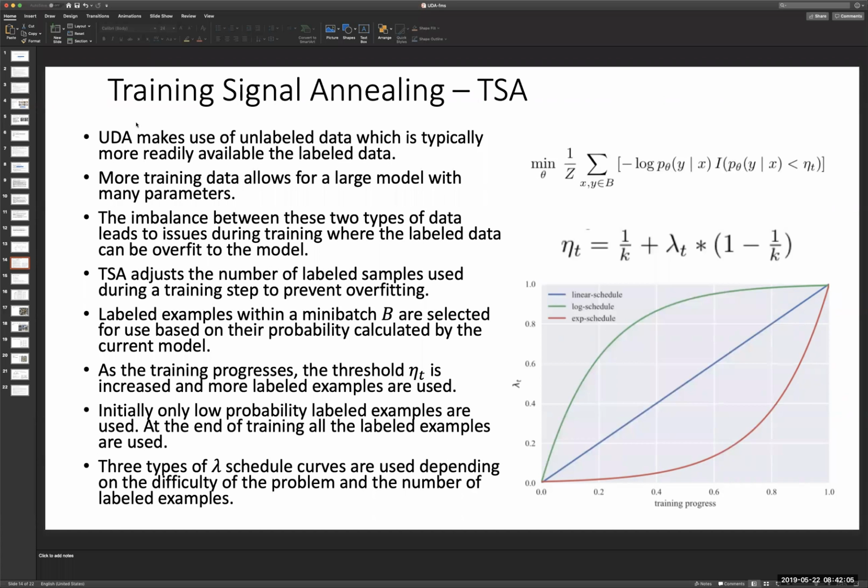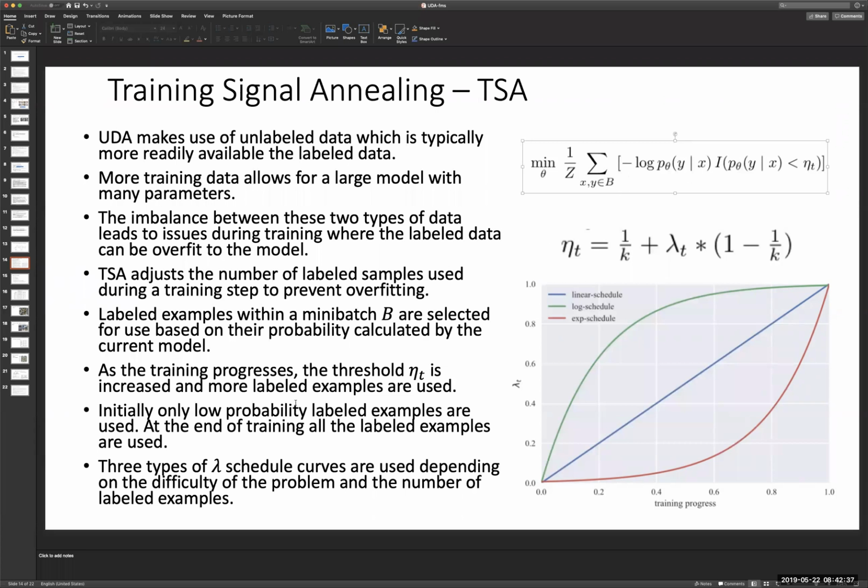Labeled examples within a mini batch B are selected for use based on the probability calculated by the current model. So this top equation here, that is what is being done. This I is the indicator function. It returns a 0 or a 1 based on the truth or falseness of this argument. So NT is this threshold that's going to be adjusted over time monotonically.